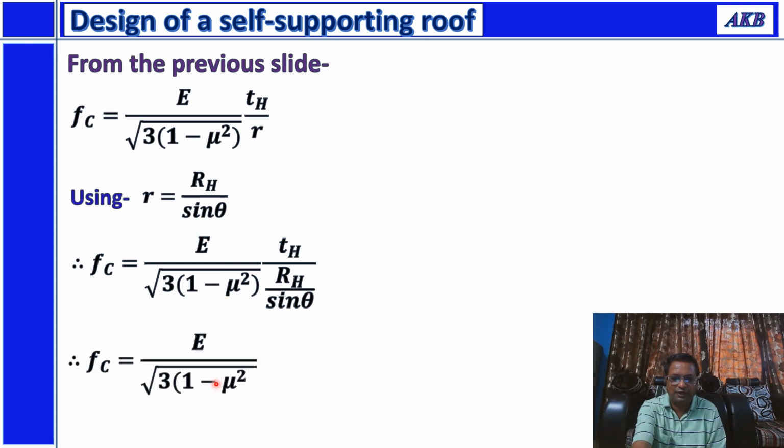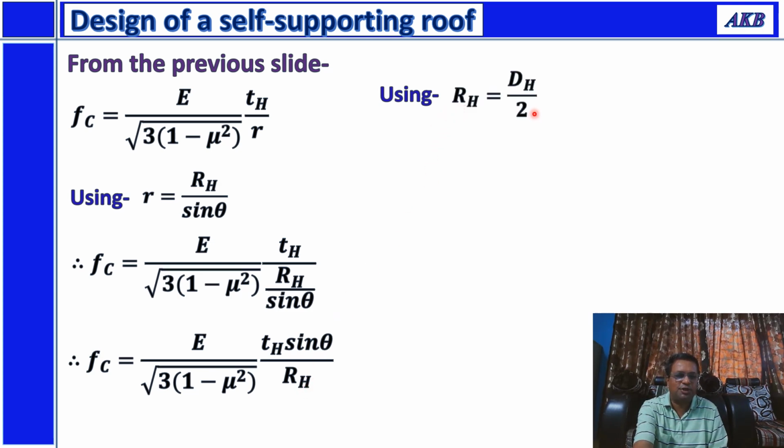Further, if you simplify this, it will be Fc is equal to E upon under root of 3 into 1 minus mu square into Th sine theta. I have just rearranged the terms: Th sine theta divided by Rh. Next, we will express Rh in terms of the diameter of the conical roof. So Rh is dH upon 2.